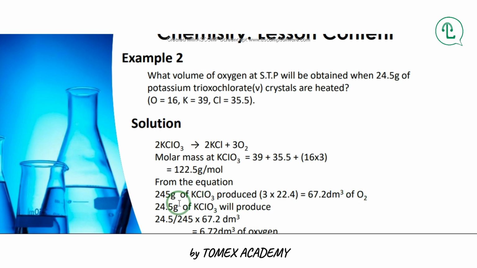So this simply means that 245 gram of KClO3 produce 67.2 dm cube of oxygen. If 245 gram of KClO3 produce 67.2 dm cube of oxygen, then 24.5 gram will produce what? So it's simple comparison. We're going to cross multiply: 24.5 multiplied by 67.2, then divided by 245 gram.